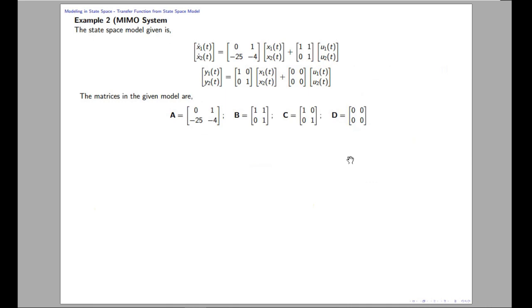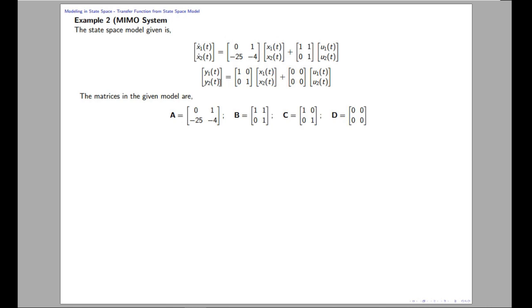Now we will take a MIMO system. This is a MIMO system because you have two inputs U1 and U2 and two outputs Y1 and Y2. So this is a two input, two output system, or in general I can call this a MIMO system.